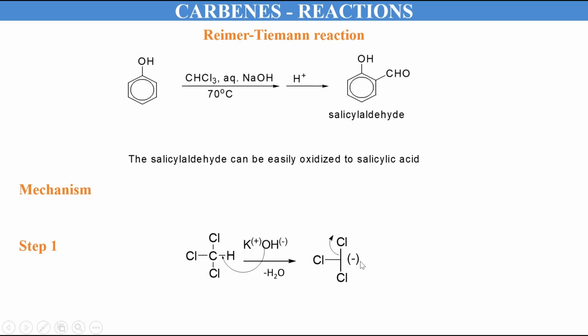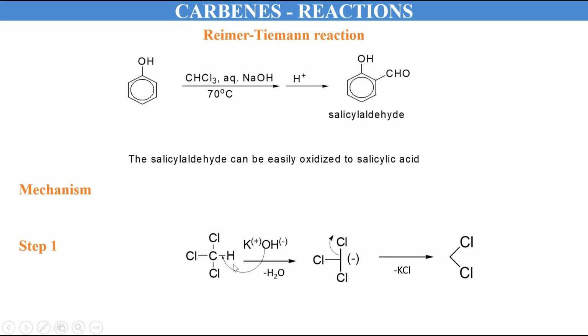Carbon with electron richness is a carbanion. In the next step, the Cl takes its electron pair and combines with sodium or potassium, whatever the case may be, and is lost as potassium chloride or sodium chloride accordingly. And this gives rise to dichlorocarbene.